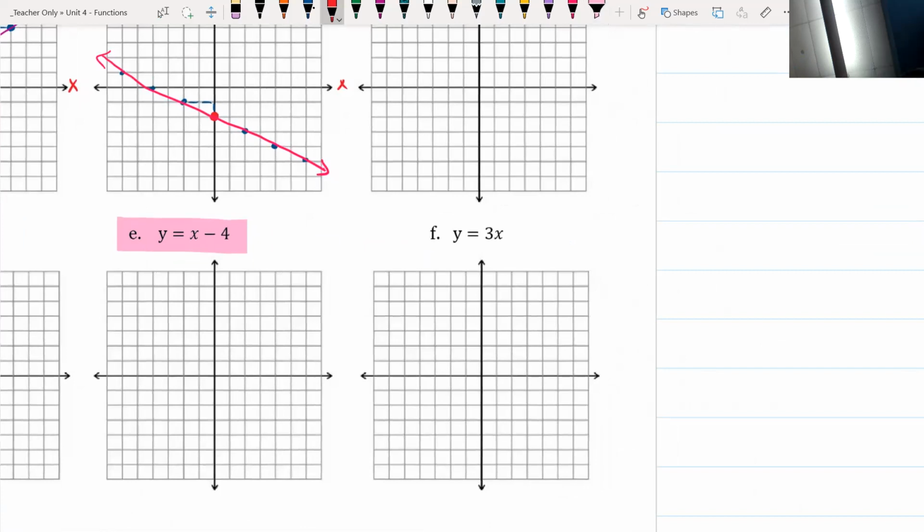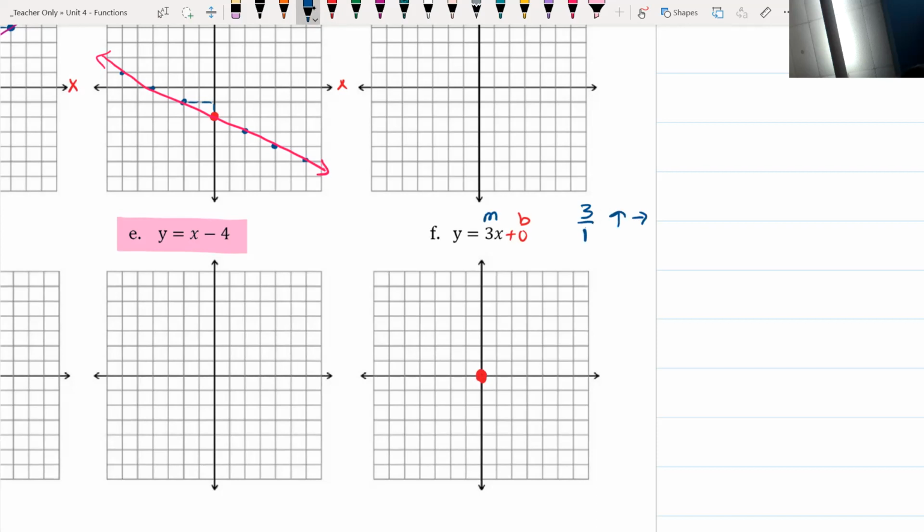So F is, here's your slope, but there's no b there, so it's really plus 0. So we start at the origin, (0, 0). Then we move up, and our slope is 3. Since it's just 3, remember it's 3 over 1. So I go up and to the right because it's positive.